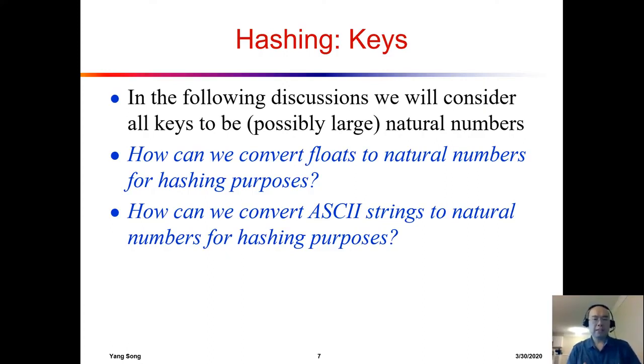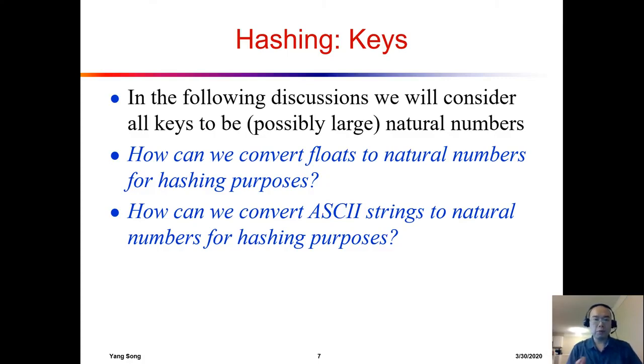For the keys, in the remainder of this lecture, we are going to assume that the keys are just natural numbers. You may ask, how about a key that is a float number? Or a string? If the key is a float number, we can do a simple trick to force it to be an integer.